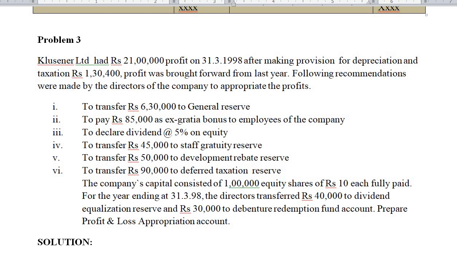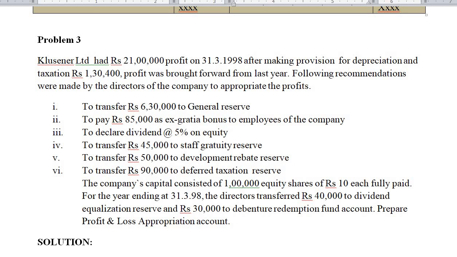So whatever profit is brought forward from the last year is 1,30,400, and for this year Lucinar Limited has a profit of 21 lakh. Okay, the following recommendations were made by the directors of the company to appropriate the profit. So these are the adjustments which are to be made in the profit and loss appropriation account.